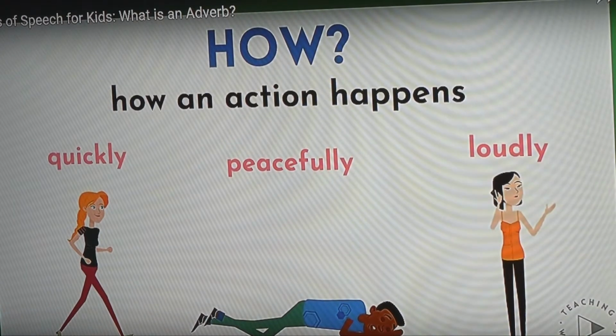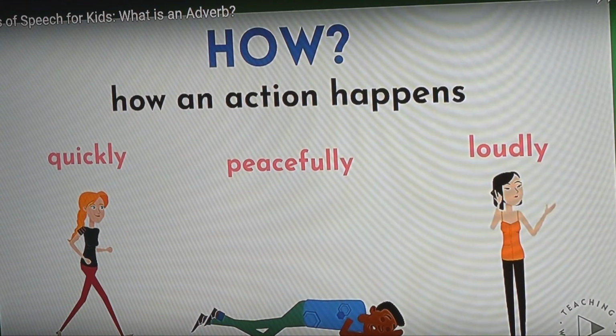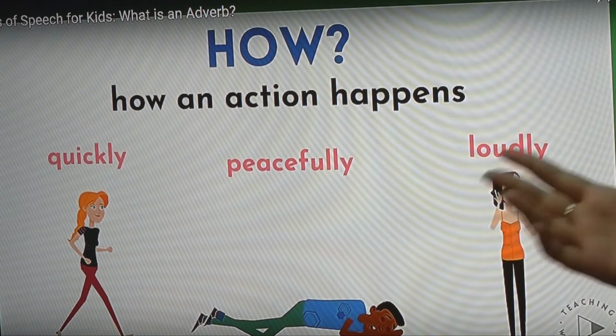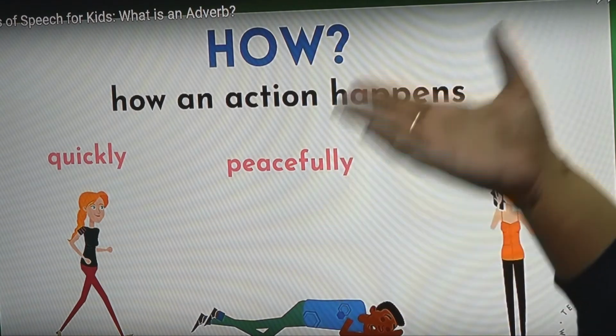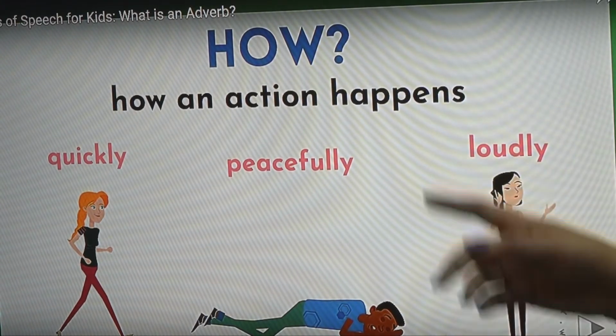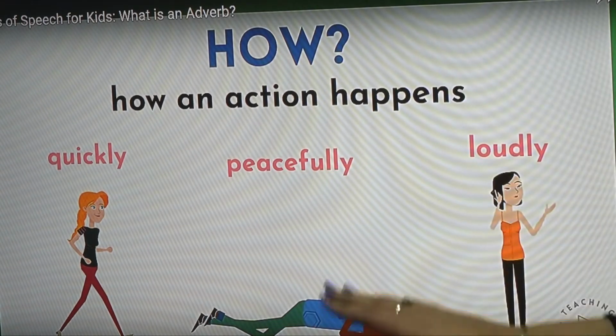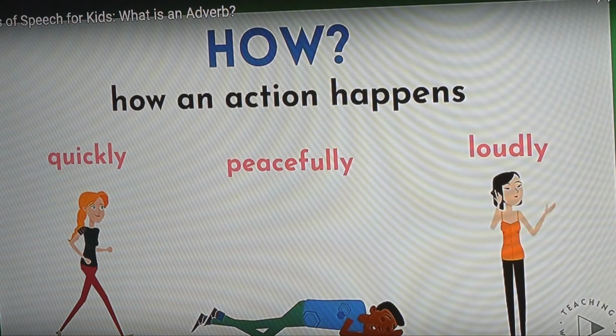So one of the functions of an adverb is it tells us how an action happened, right? Let's look at this. Quickly. She runs quickly. This sentence tells us how she runs, right? Here is the boy sleeping.